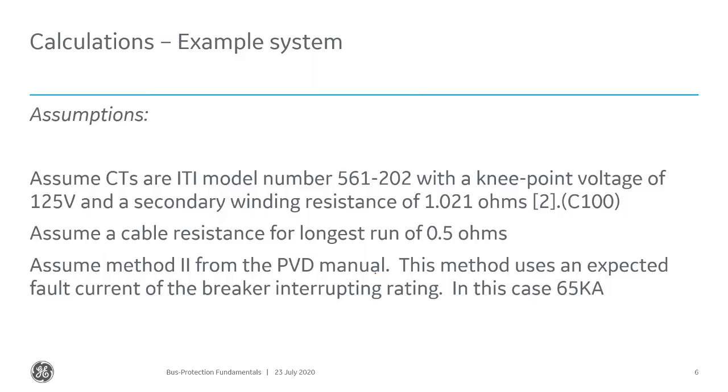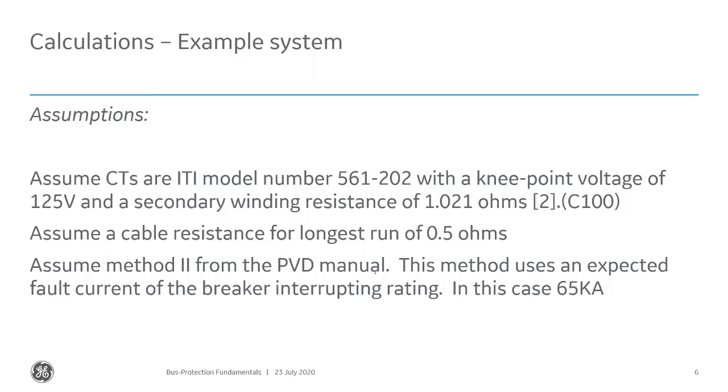If you don't know your actual fault current, the other option is to use the breaker rating, since your fault current will be less than the breaker interrupting rating. In this case, these particular breakers are rated to interrupt 65 kA, which is probably a lot more fault current than you have available in this particular system. But since I don't have good information, that's what I've essentially got to do.